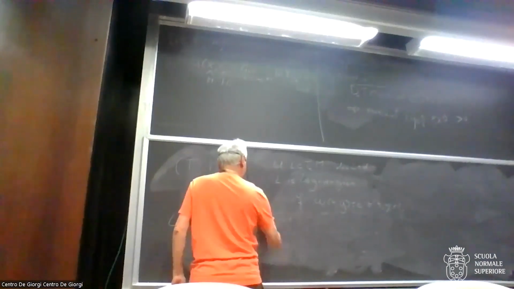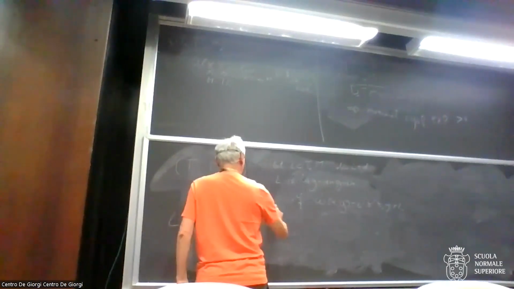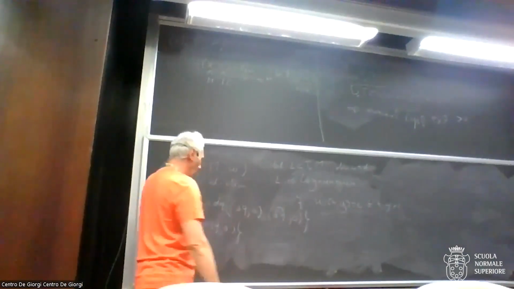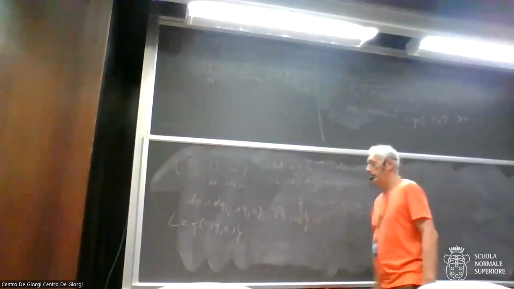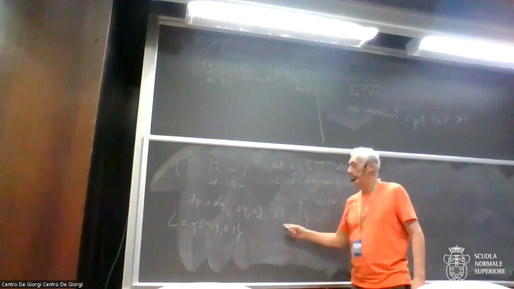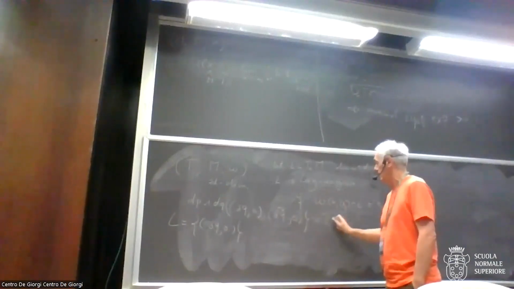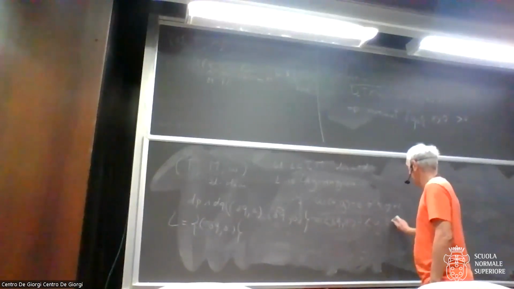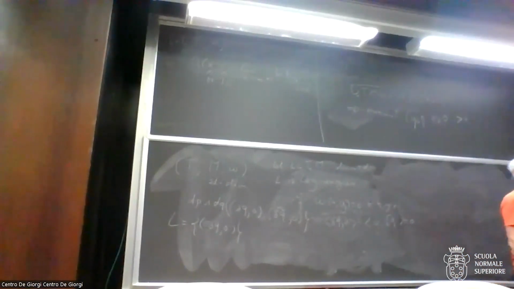Sorry, I need 2, right? So this is 1, and the other one would be (delta q tilde, 0). These are 2 vectors that belong to this subspace. Now I compute the symplectic form applied to them. It is just this times that minus this times that. So it is delta q times 0 minus 0 times delta q tilde, which is obviously 0, no matter what delta q and delta q tilde are. So that is a Lagrangian subspace.